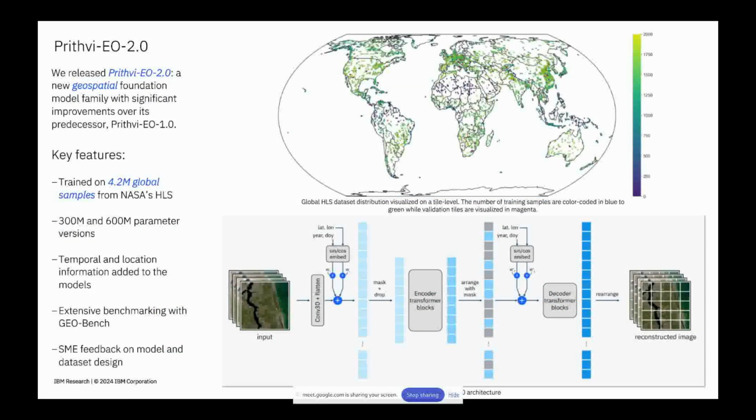Our latest release on the Earth observation model is Prithvi EO 2.0, and this is something we open sourced. You can find it on Hugging Face, and it's trained on 4.2 million global samples from NASA's HLS. HLS stands for Harmonized Landsat Sentinel. Landsat is a satellite constellation by NASA, and Sentinel is a satellite constellation by the European Union, by ESA.